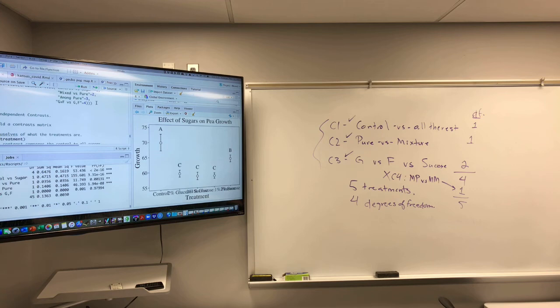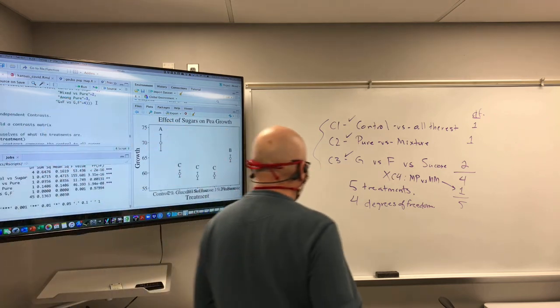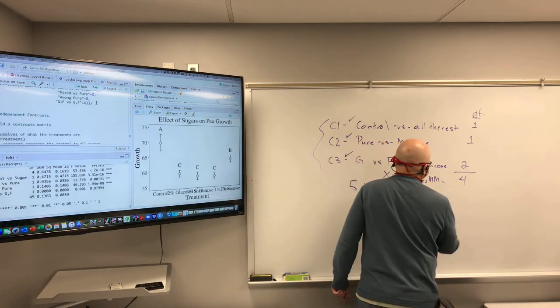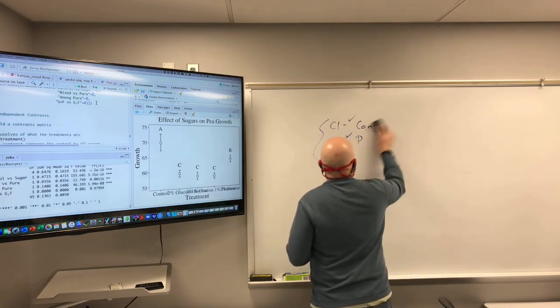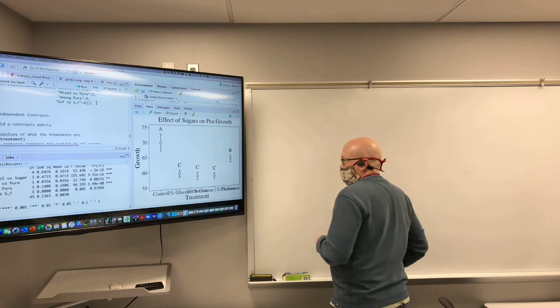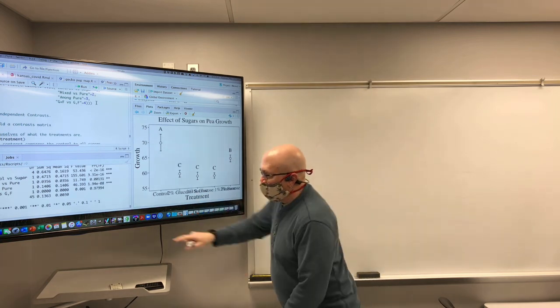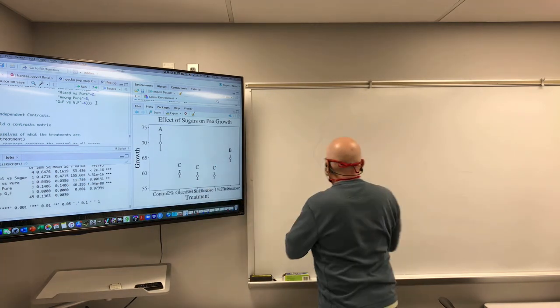The other way that you can show to yourself that you've used up all the variation that you have is by doing the math on the sums of squares. The treatment sums of squares up here is 0.6476.